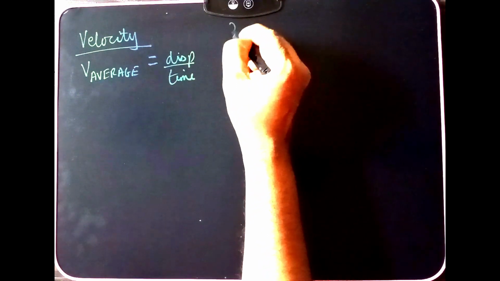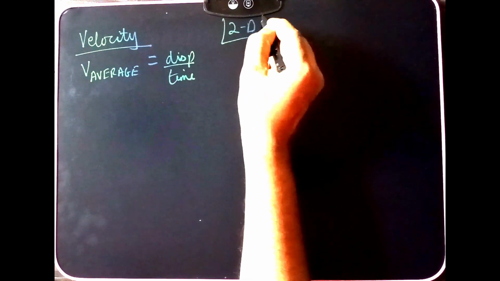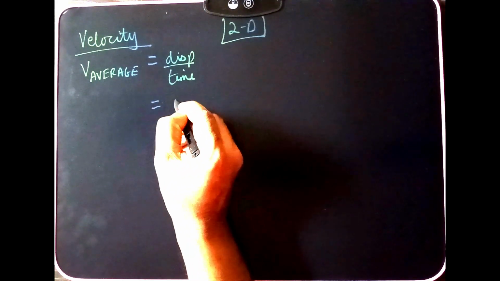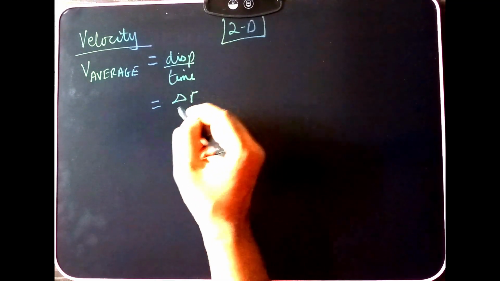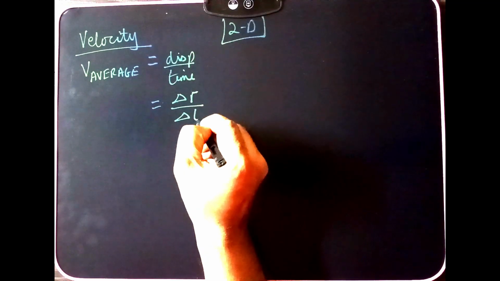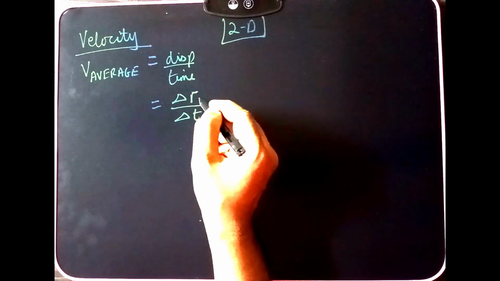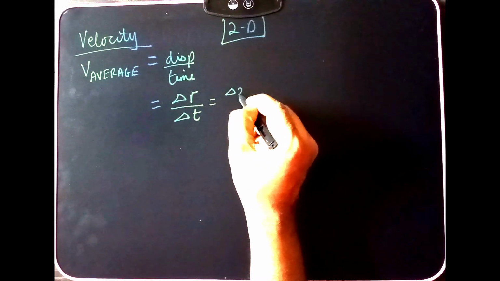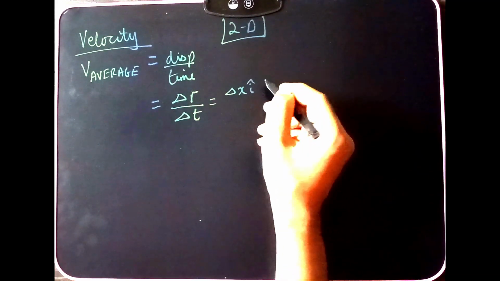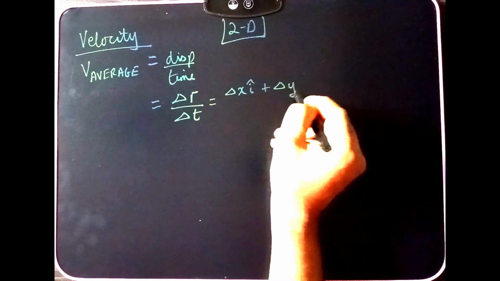And we know that in two-dimensional motion, displacement is given by delta r divided by delta t. Now delta r is represented by delta x i cap plus delta y j cap.